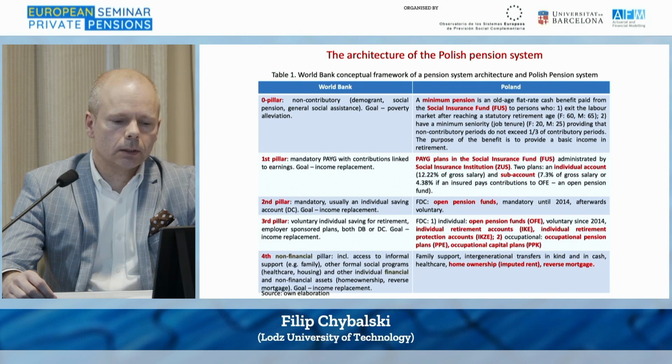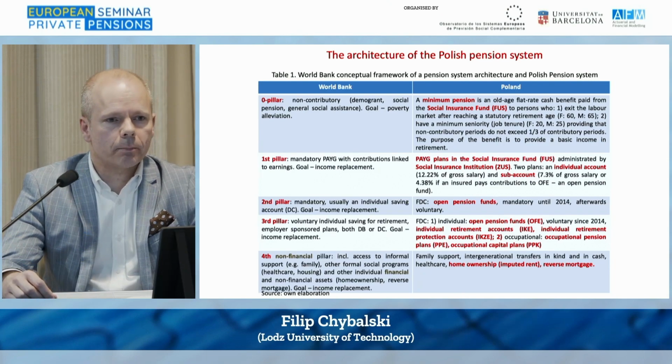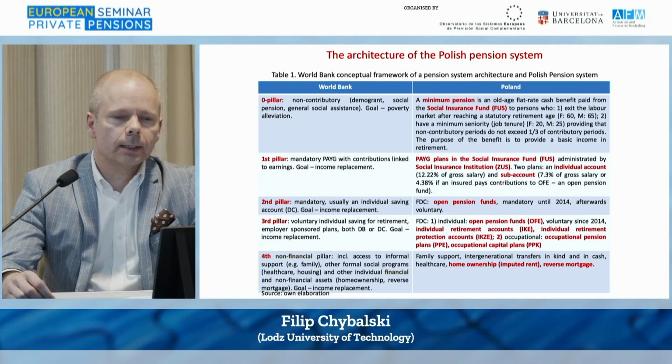This is what we deal with, with my colleague Edyta Marcinkiewicz, when realizing the project on home ownership and benefits for pensioners resulting from home ownership. The most important benefit is the so-called imputed rent. So this is an implicit income that a person who owns a home gets, not paying for renting a home.